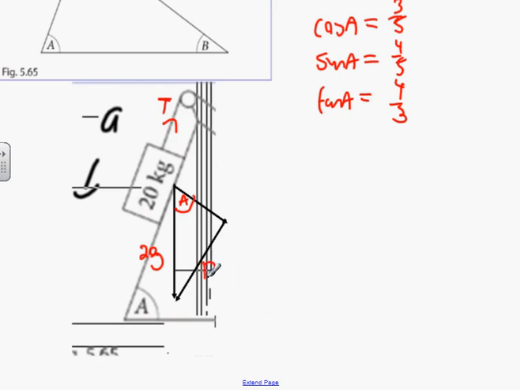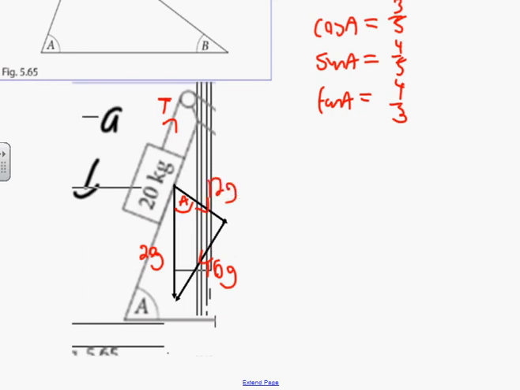And then the other one is 20G cos A. Multiply by 3/5 and you get 12G in that direction. Wait a minute. Oh, sorry, the first one's 16, is it? And the other one's 12, sorry. That's 16G going this direction, and that's 12G going this direction here, okay?